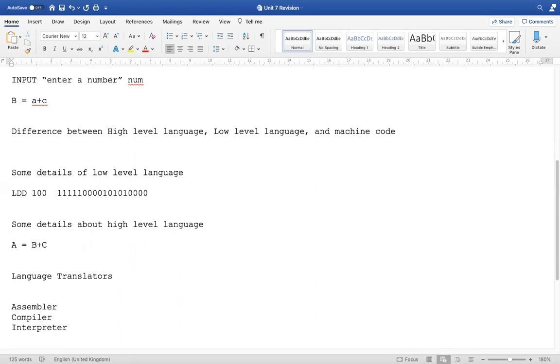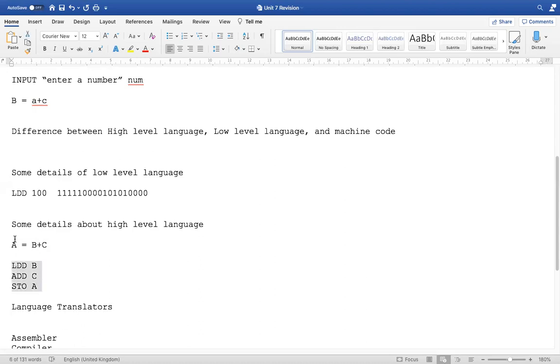If I would write this exact same code in assembly language, it would look something like this: LDD B, ADD C, STO A. So one line in a high-level language results in 3 lines in assembly language code.